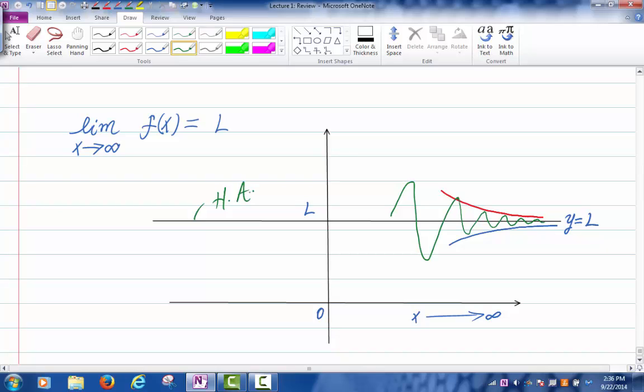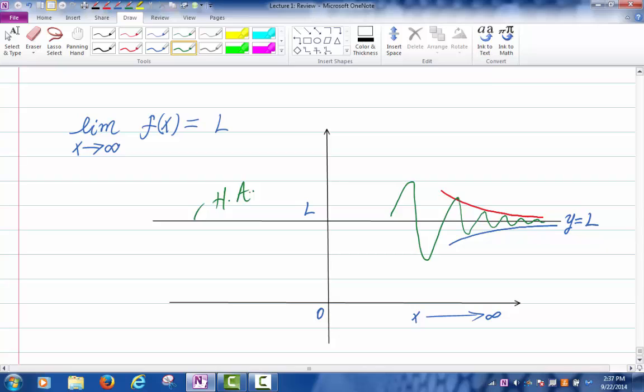There is a misconception that the graph of a function doesn't cross a horizontal asymptote. That's not true. The graph may cross the horizontal asymptote if you have a function which is vibrating like that. However, that's true for a vertical asymptote.